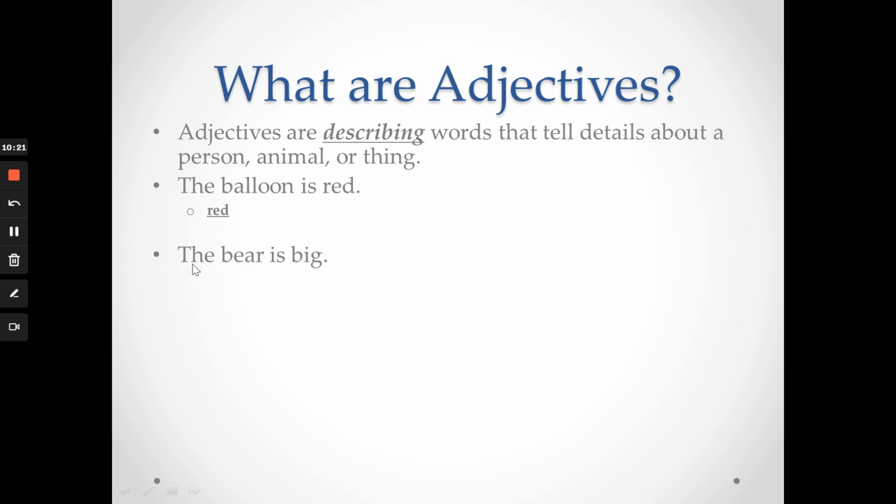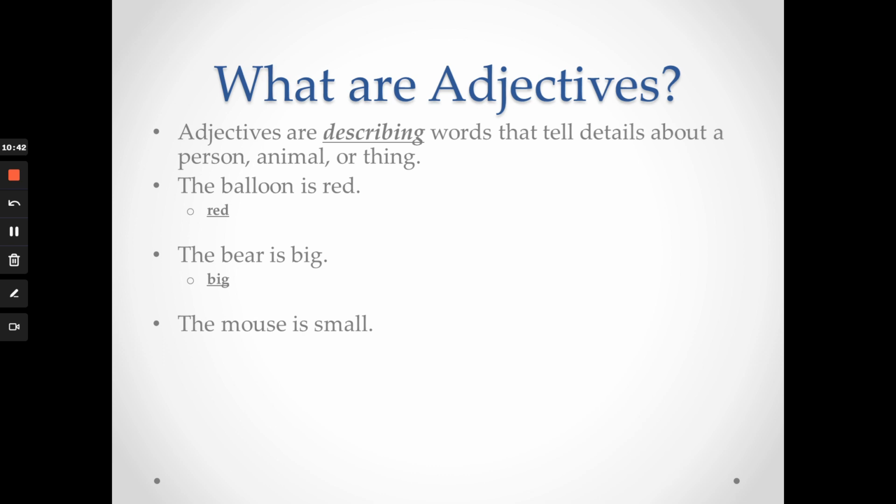Let's look at this next sentence. The bear is big. The describing word, the word that is telling us about the bear, is big because it is telling us that the bear is big.